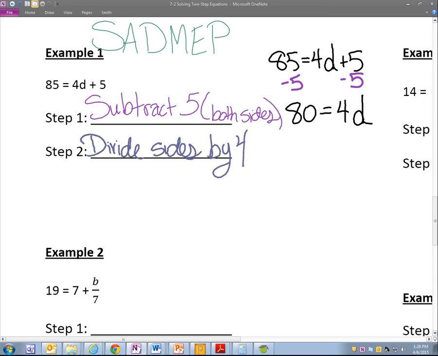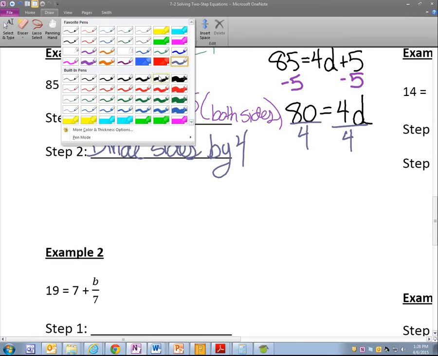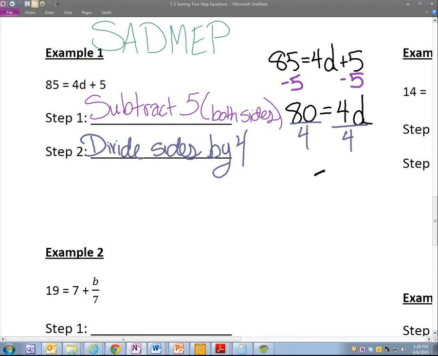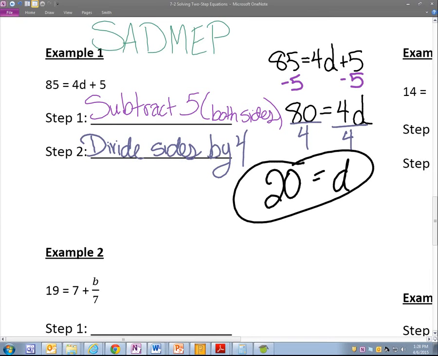Divide both sides by 4. So that leaves us with just D on that side and 20 on this side. We have a happy variable because he's just chilling by himself and smiling.